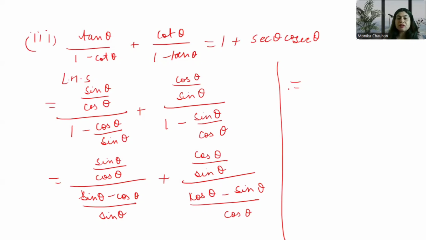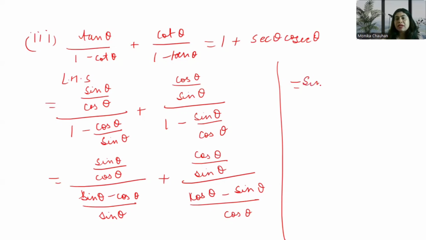Sine theta upon cos theta divided by sine theta minus cos theta upon sine theta. What does it mean? Because this is in the denominator, if I change it into multiplication, the denominator part will go up. I'm writing here so that you understand what it means.